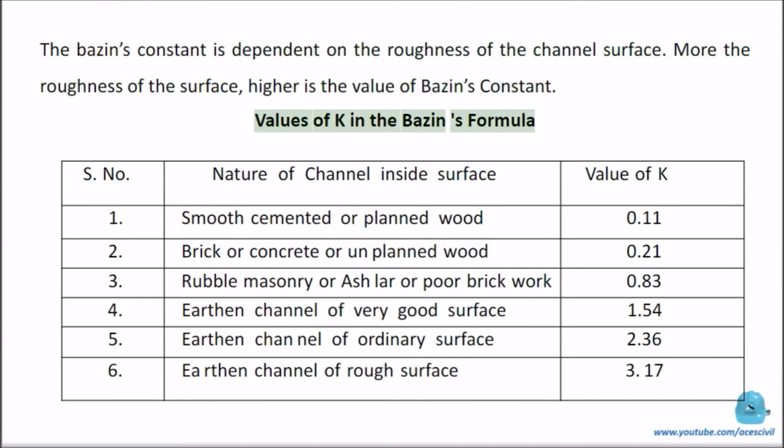Values of K in the Bazin formula. Serial number, nature of channel inside surface, value of K. 1. Smooth cemented or planed wood, 0.11. 2. Brick or concrete or unplaned wood, 0.21. 3.